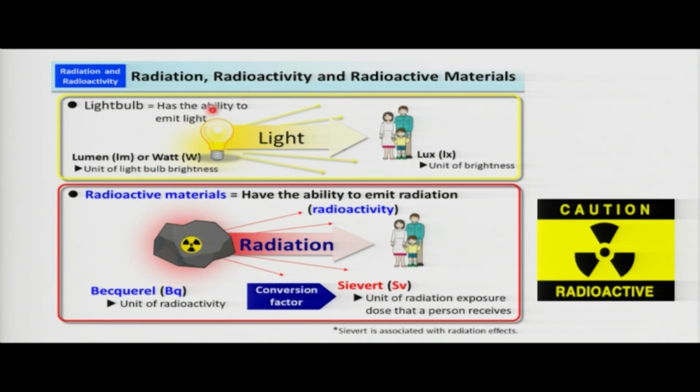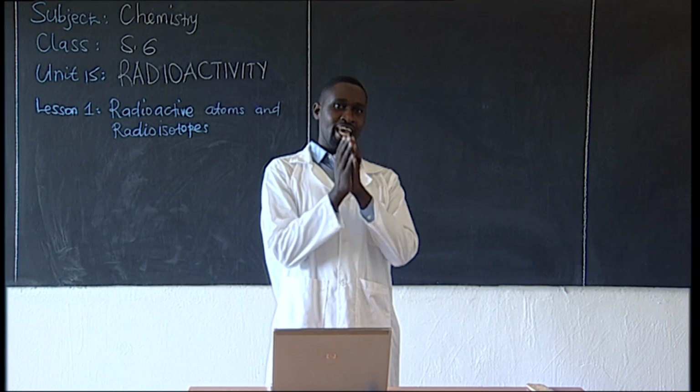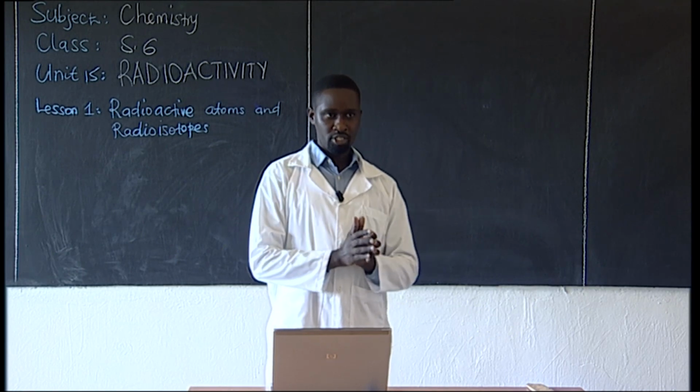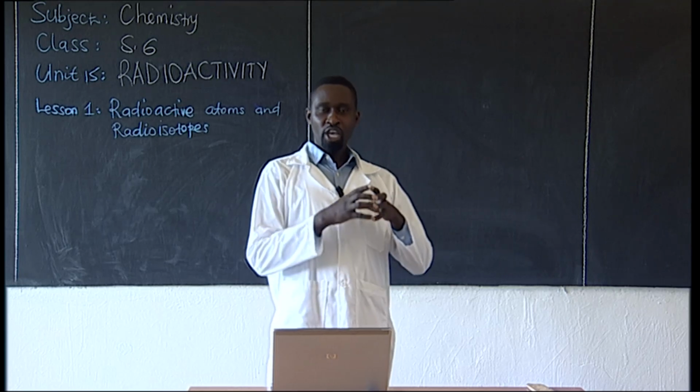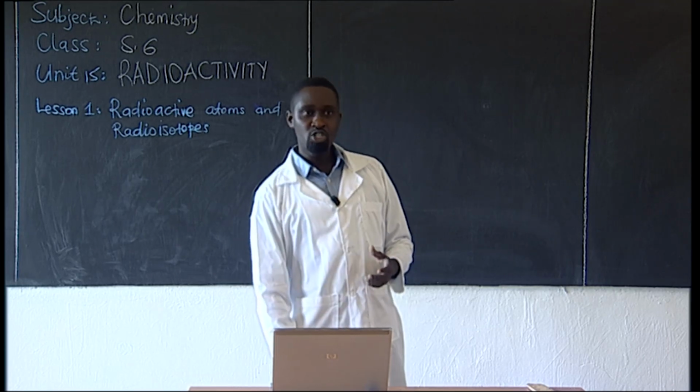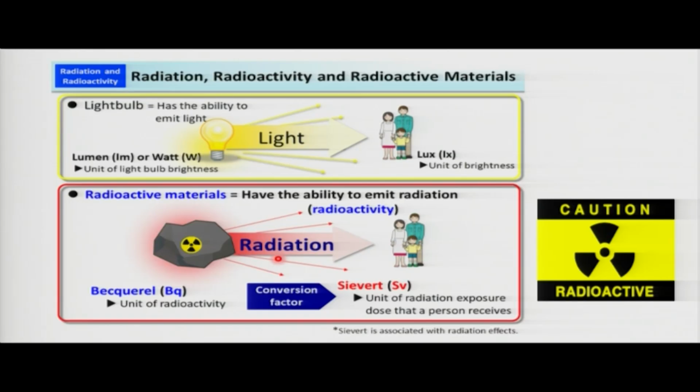Now, let's use this understanding as an analogy to radiation and radioactivity. Instead of the bulb, let's substitute it with a radioactive substance. A radioactive substance emits, or has the ability to release, radiation.